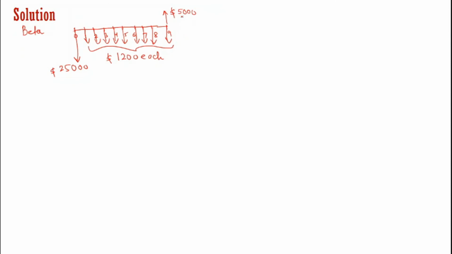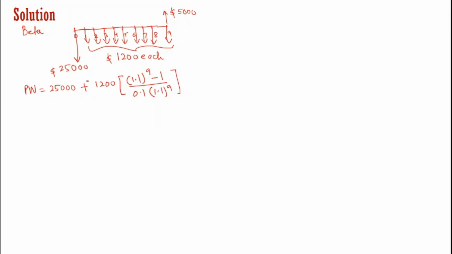So it is a kind of earning, so the arrow will be upward or cash inflow. Now, if I just compute the present worth of this cash flow, so 25,000 is straight away at time t equal to 0. So no need of any conversion, converting these annuities into present point of time. So this will be 1200 times (1 plus i)^n minus 1 over i(1 plus i)^n, with n equal to 9.